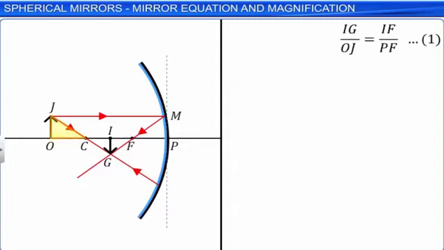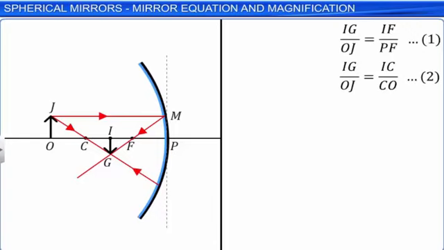Since they are also similar triangles, we can write IG by OJ is equal to IC by CO. Let this be equation 2. From equations 1 and 2, we can write IC by CO is equal to IF by PF. Let this be equation 3.